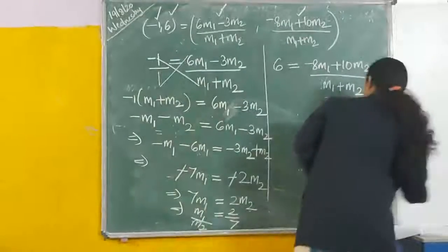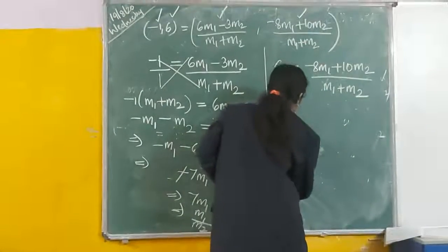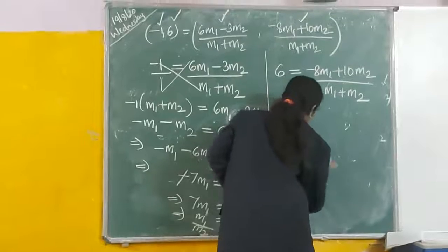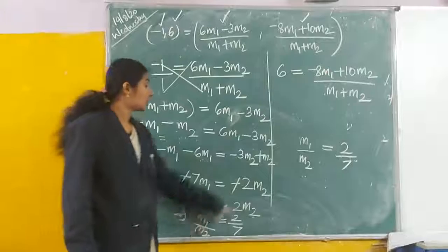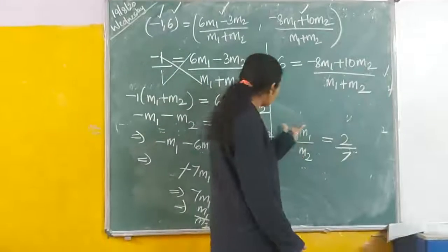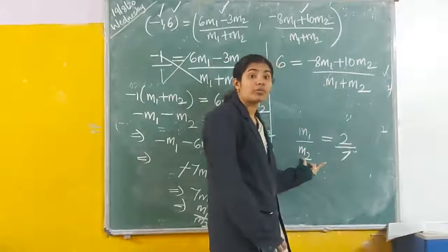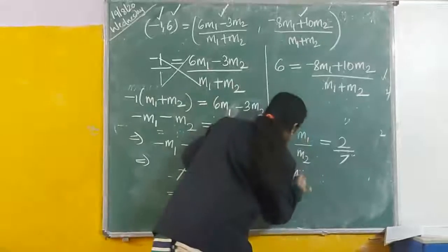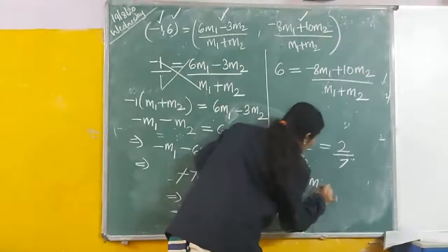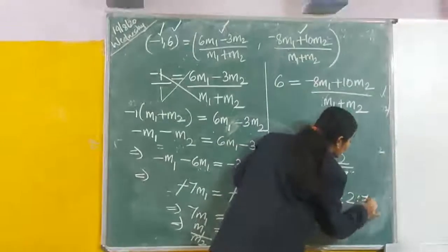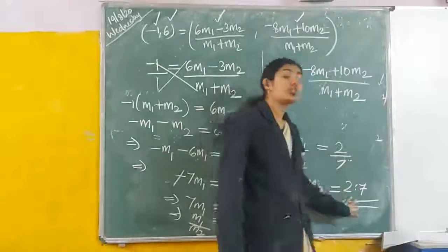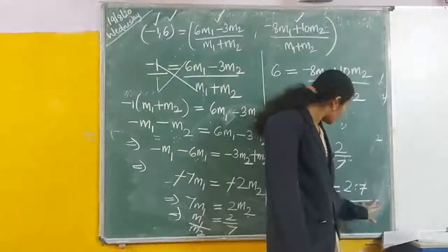How can you write it in ratio form? m1 is to m2 equal to 2 by 7 means 2 is to 7. So you will get the ratio 2 is to 7.